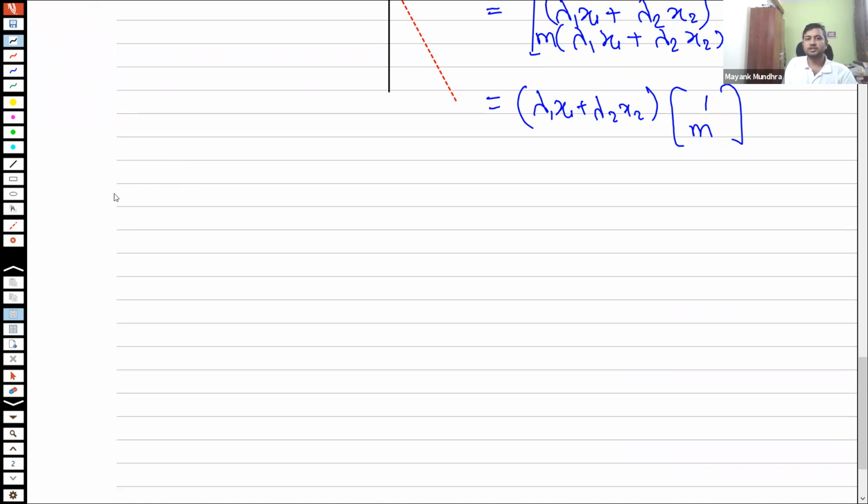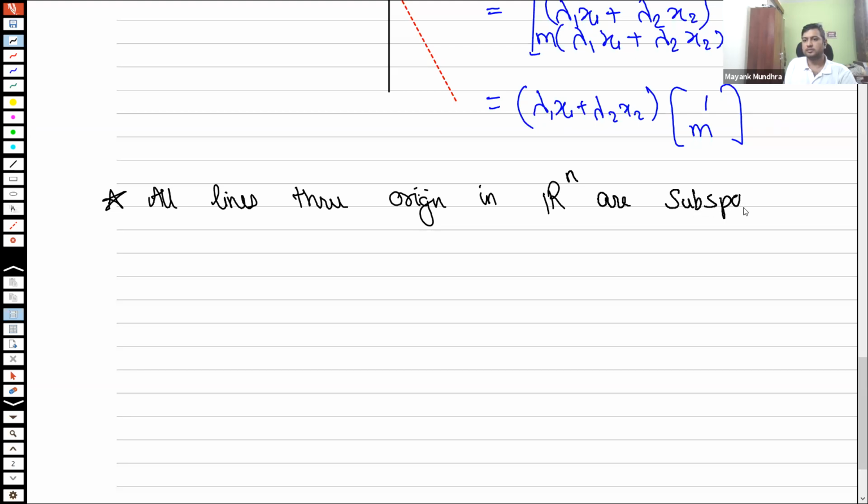So this is generally true: all lines through the origin in Rn are subspaces. Not just R square; you can take R cube, R4, R5, and it is going to be subspaces.